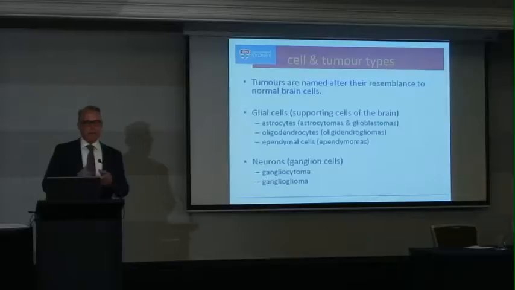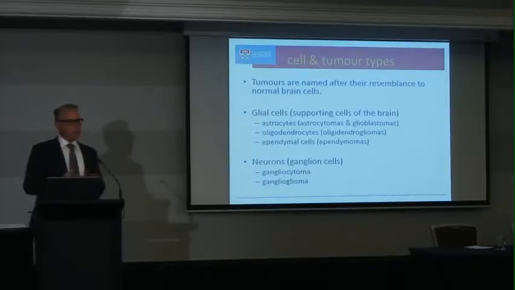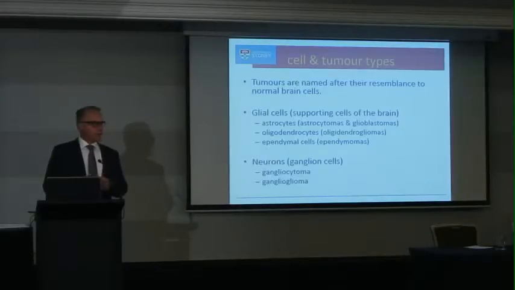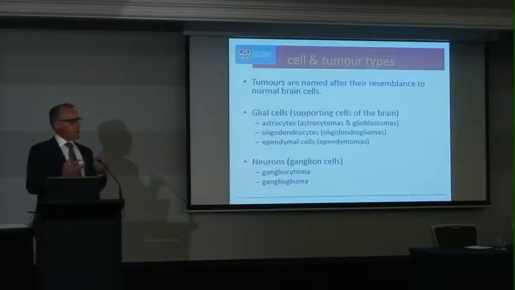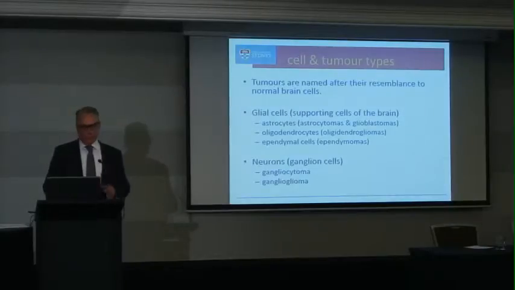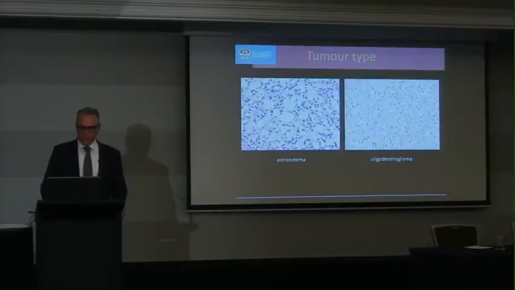If it looks like oligodendrocytes, then we call it an oligodendroglioma. Then there's also ependymal cells, ependymoma. And then some more uncommon tumours are called ganglion cell tumours, gangliocytoma, ganglioglioma, because part of the tumour actually looks like neurons. So that's where all the names come from.